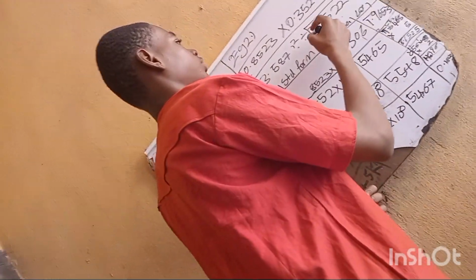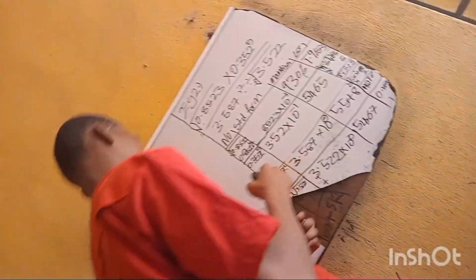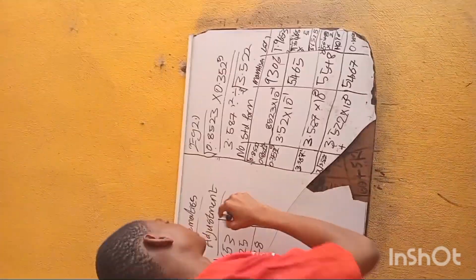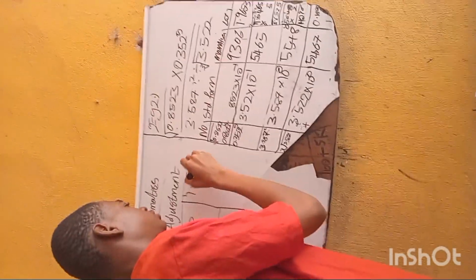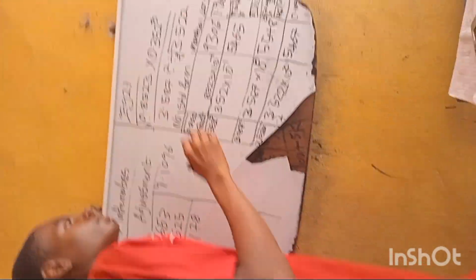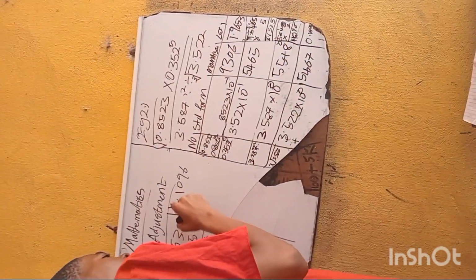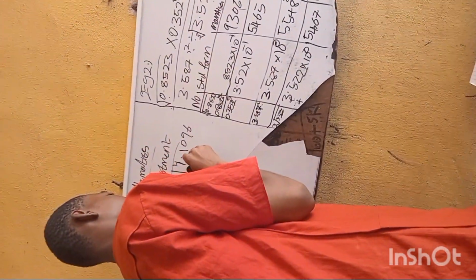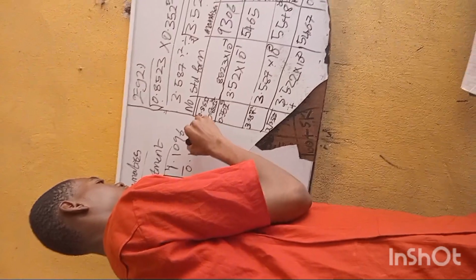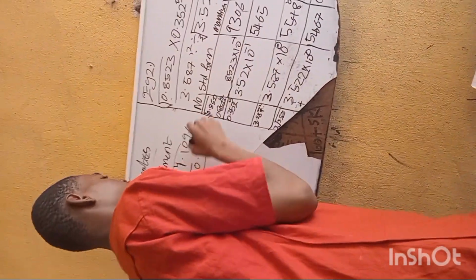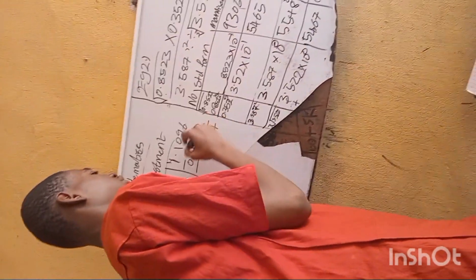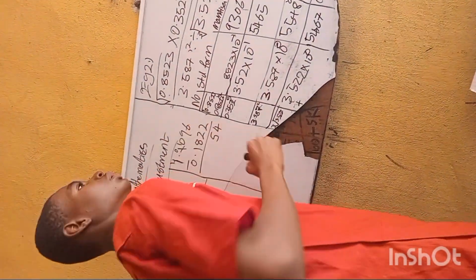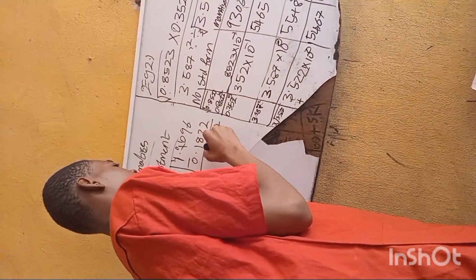So the cube root of 3.522 has a logarithm of 1.1096. Division is minus 0.1822. 6 minus 2 is 4. 9 minus 2 is 7. 0 minus 8, borrow 1, 10 minus 8 is 2.